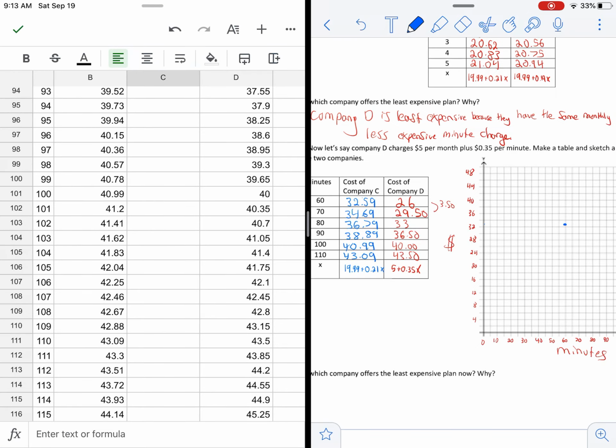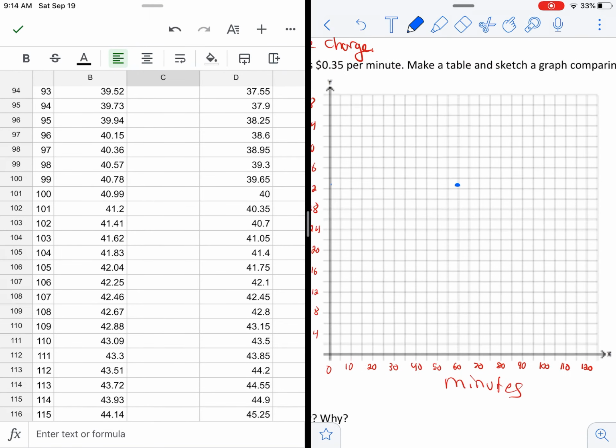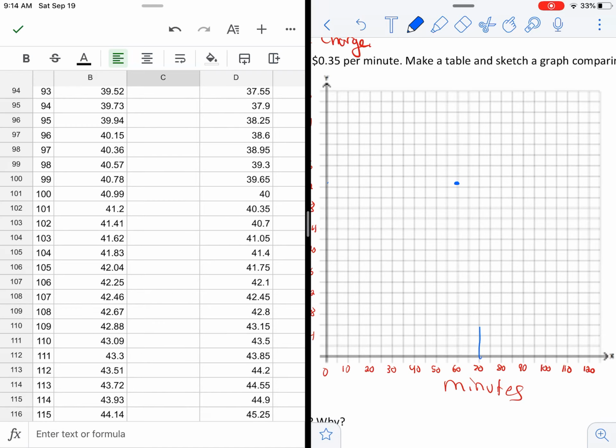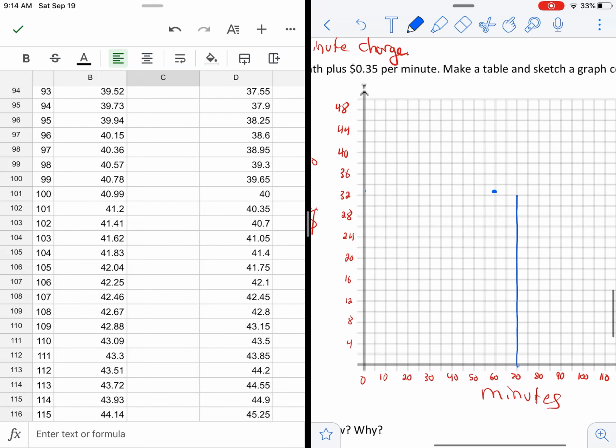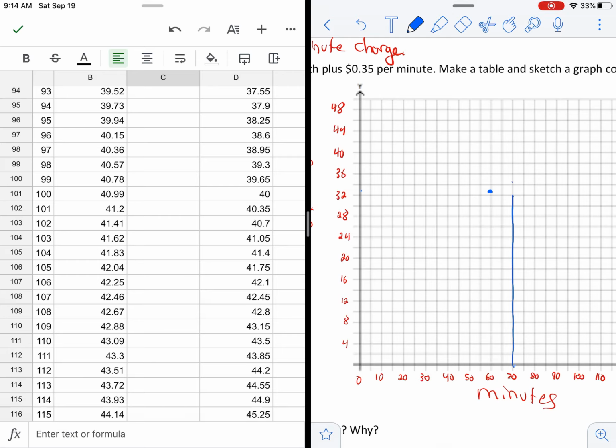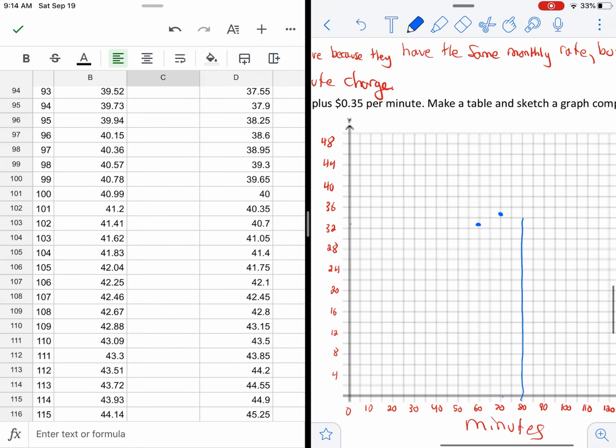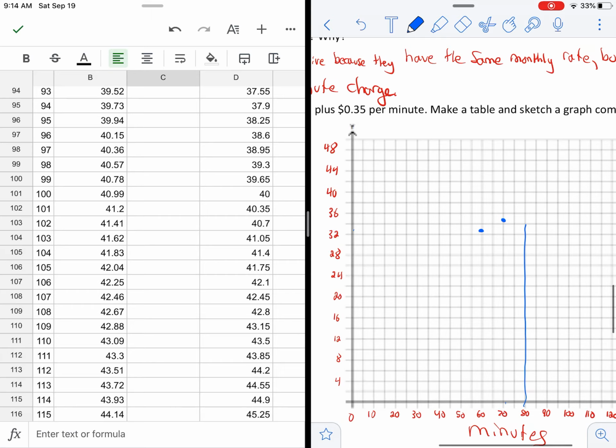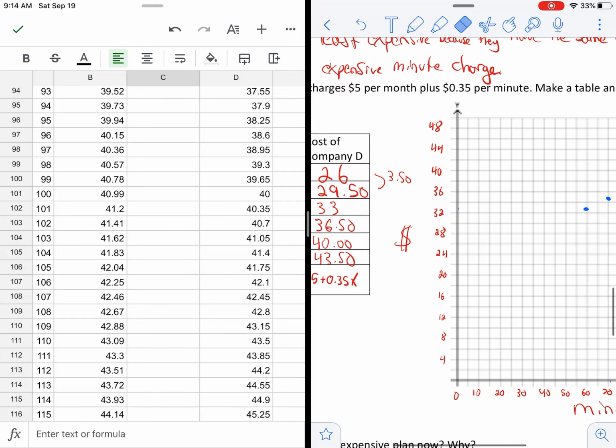Okay, at 70 minutes, we're at 34.69, so just a hair above 34, right there. At 80 minutes, we are at 36.79. So we're looking at something pretty close to 36, right around there.